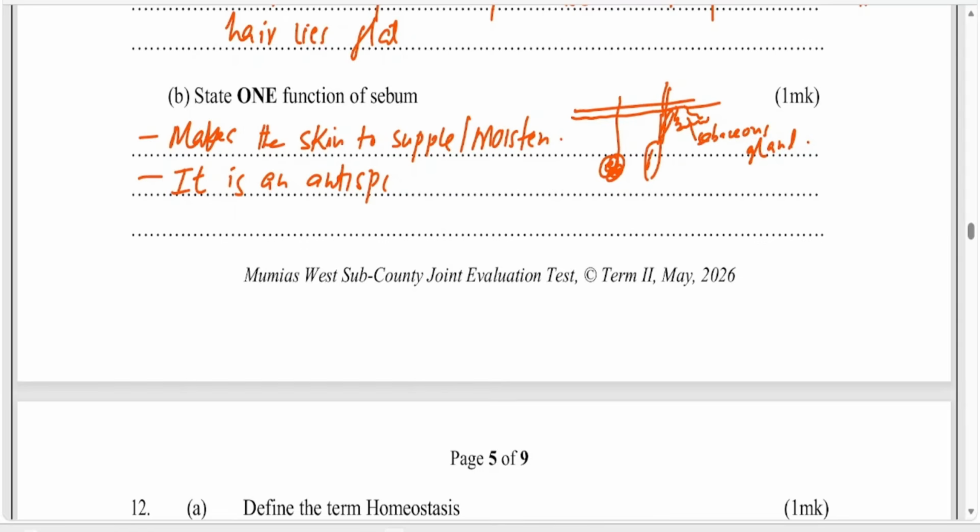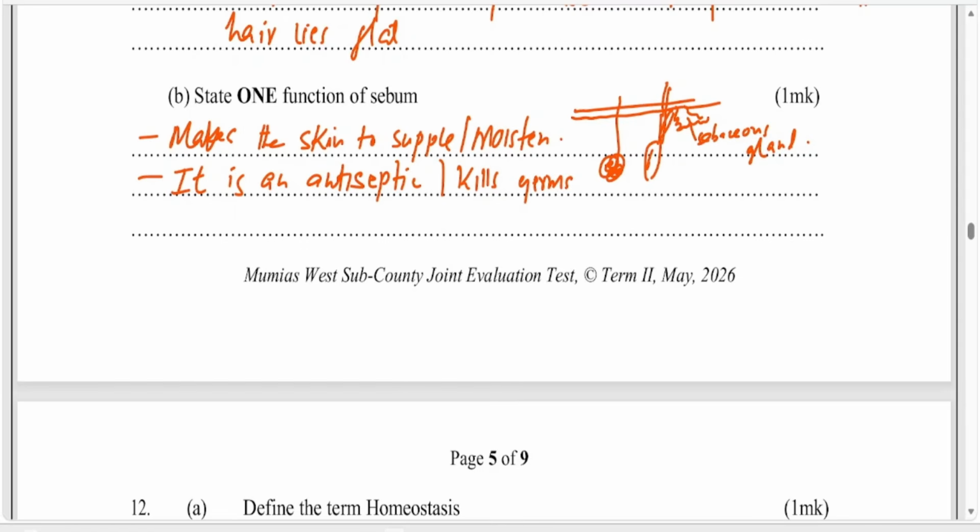So antiseptic, spelling is very crucial. It is an antiseptic. So it has medicinal properties, or you can still say it kills pathogens or germs on the skin. Please don't say it acts as an antiseptic.